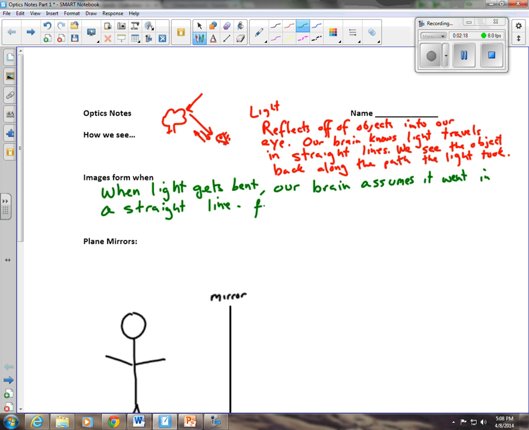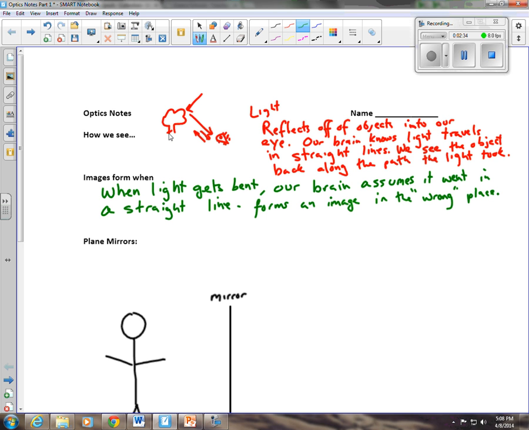So it forms an image in the wrong place where the object is.